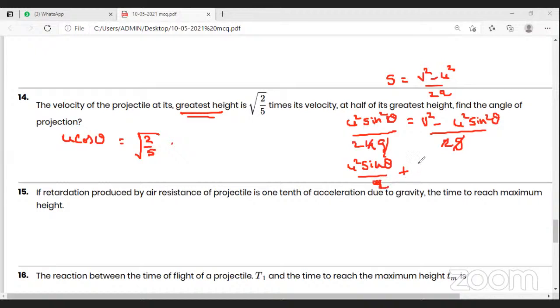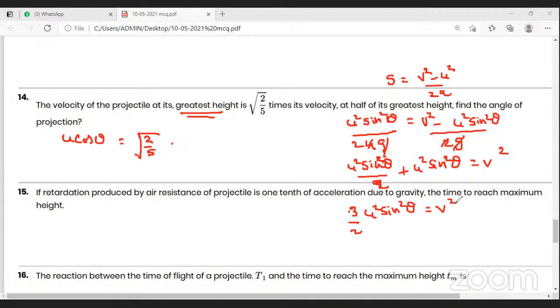U square sin square theta by 2 plus the u square sin square theta, that is v square. So u square sin square theta is common, that is 1 plus half, that is 3/2. 3/2 into u square sin square theta equal to v square.